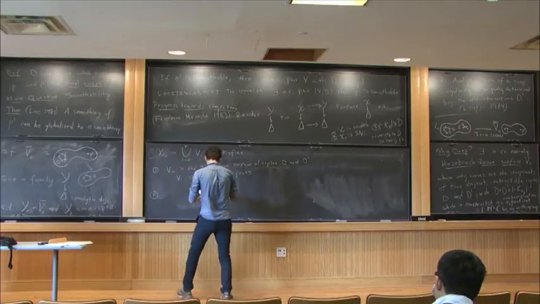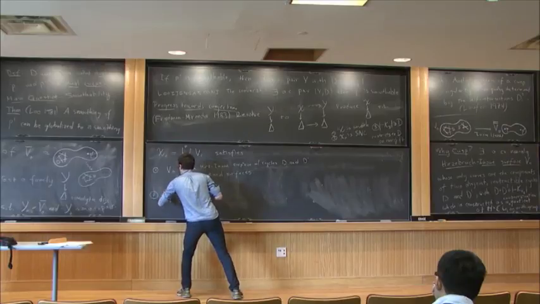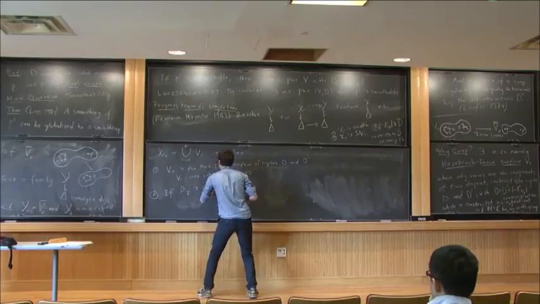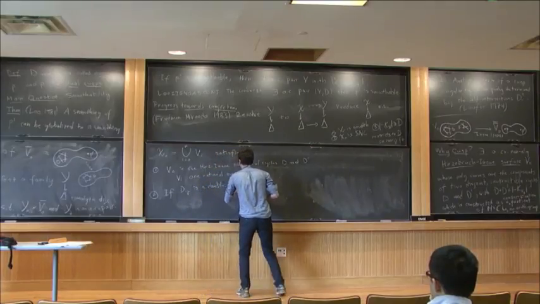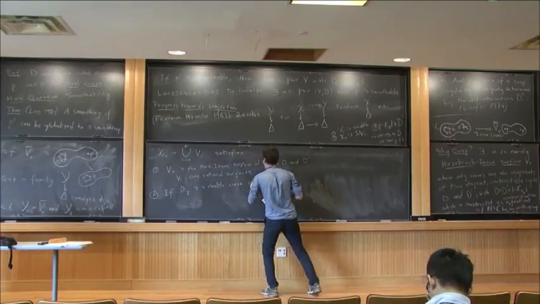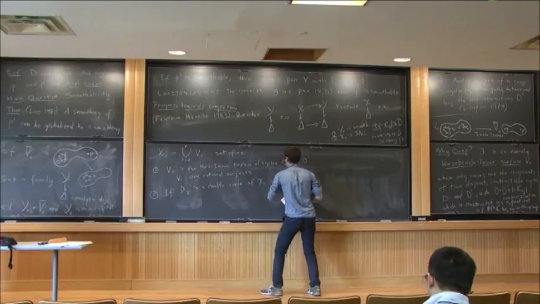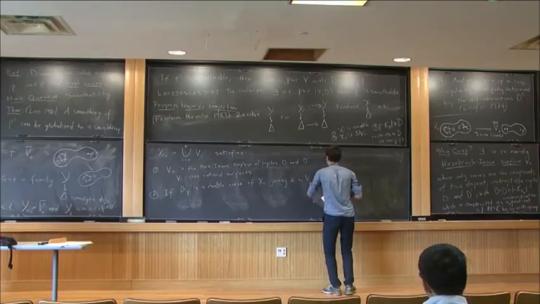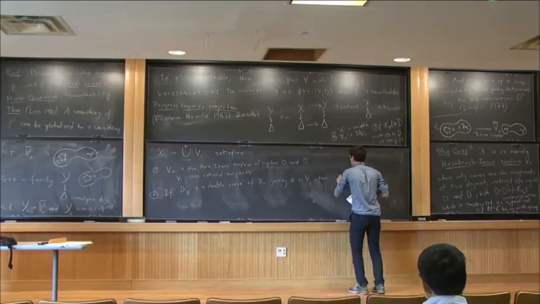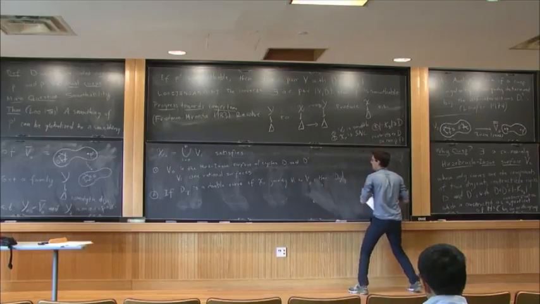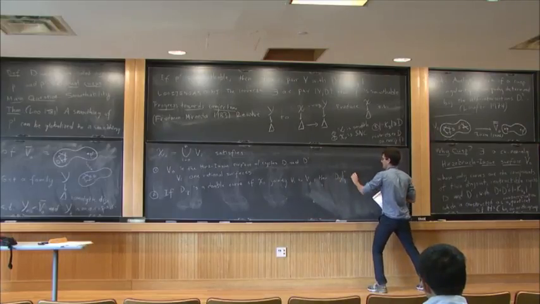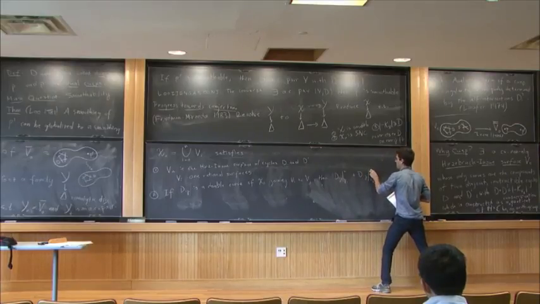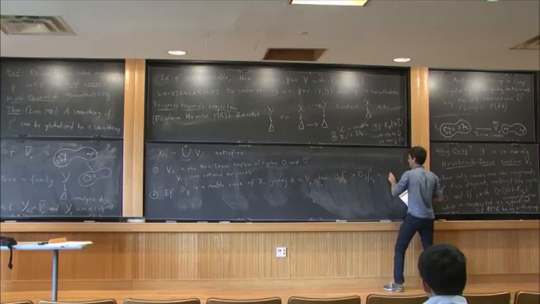The next condition is that if D_ij is a double curve of X_0 joining V_i to V_j, then D_ij restricted to V_i, when you take its self-intersection and add it to the self-intersection of the double curve restricted to V_j, you get -2.